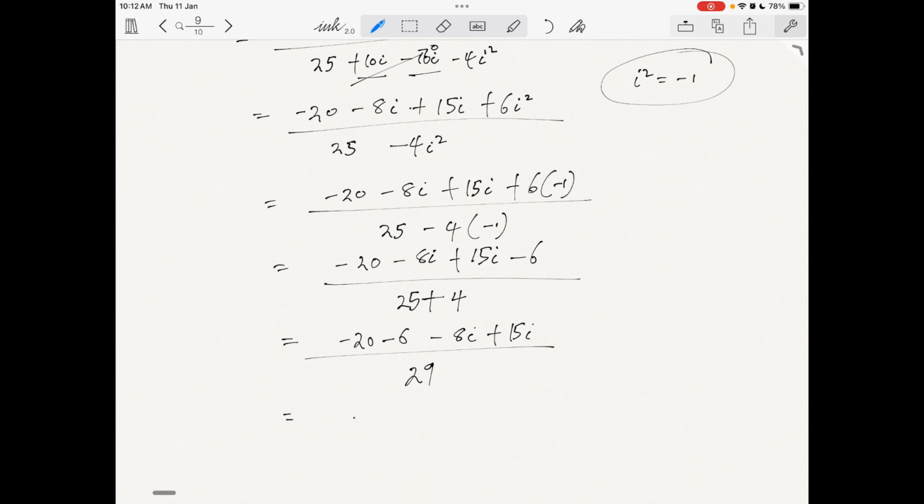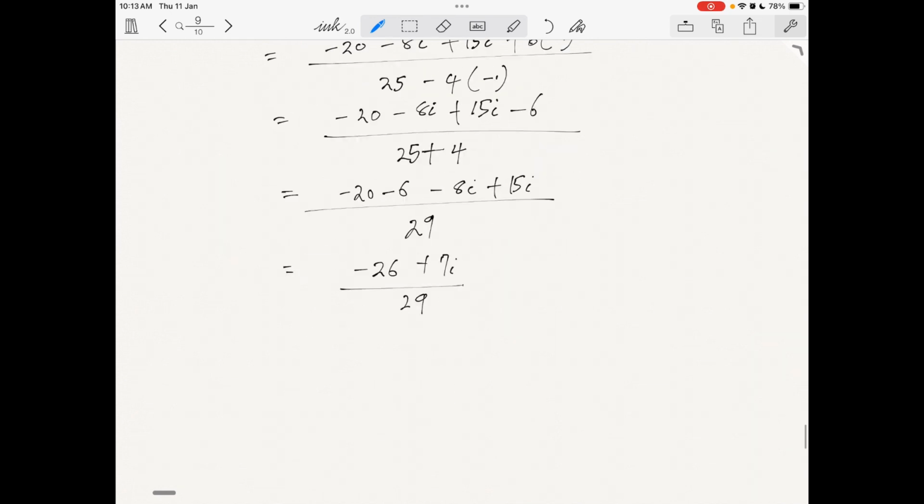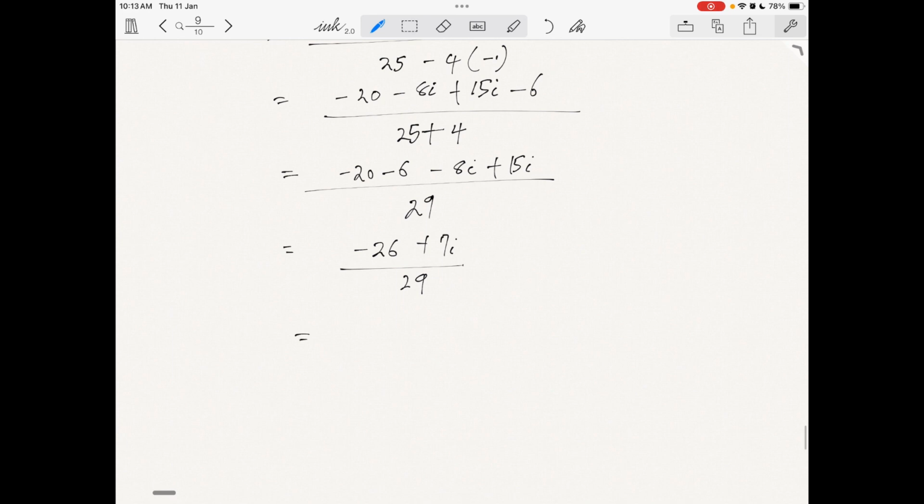So minus 20 minus 6, we have minus 26, minus 8i plus 15i is 7i, divided by 29. So we can leave our answer like this, or we write it as minus 26 over 29 plus 7 over 29i. And this will be Z2 divided by Z3.